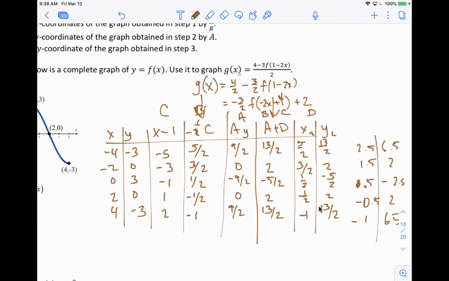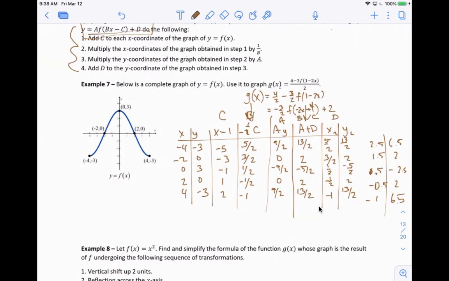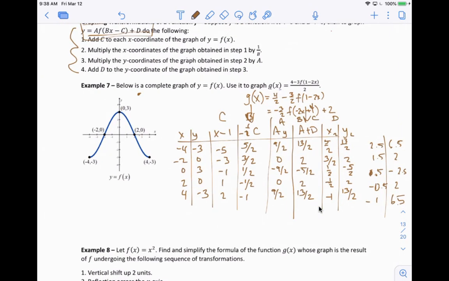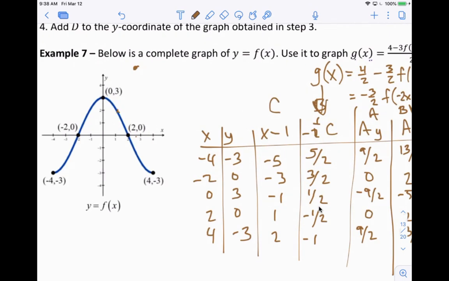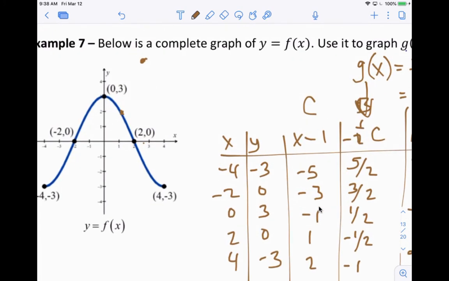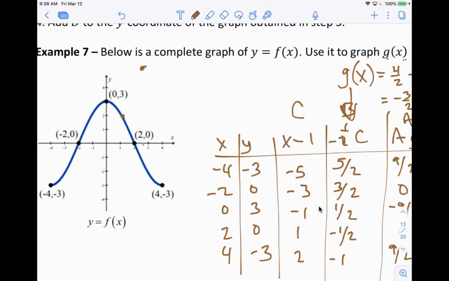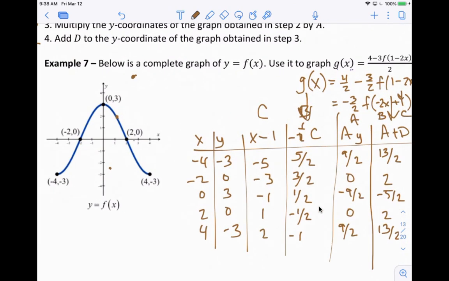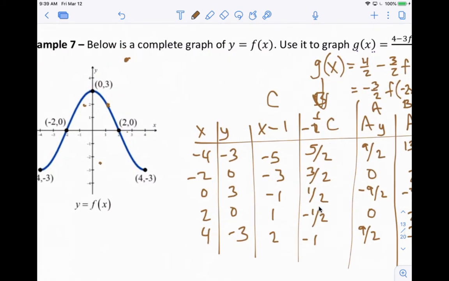Okay, let's graph those. So 2.5, 6.5, 1.5, 2, 0.5, -2.5, -0.5 and 2, and -1 and 6.5.